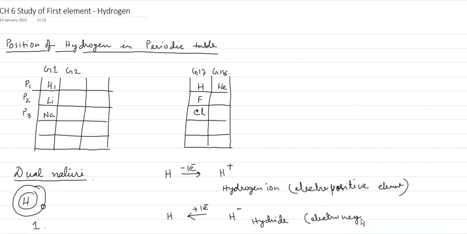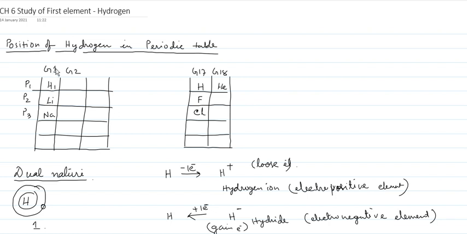So it is behaving like an electronegative element. You can see hydrogen can lose an electron, and also hydrogen can gain an electron to become stable. This is called the dual nature of hydrogen, and that is why it is placed in both the groups.